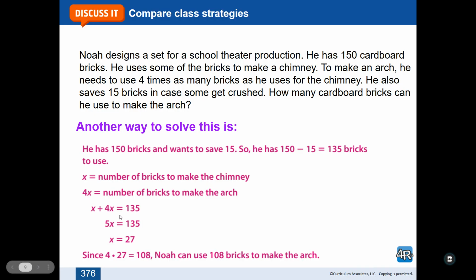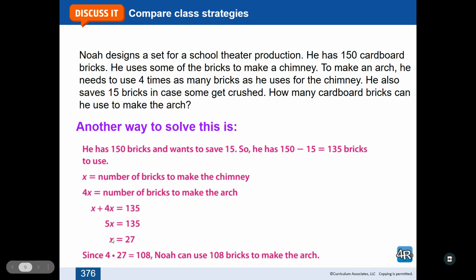We're going to combine like terms. 1x plus 4x's is 5x's. And that's equal to 135. To get x by itself, we need to get rid of the 5 because they're being multiplied. That means we divide both sides by 5.